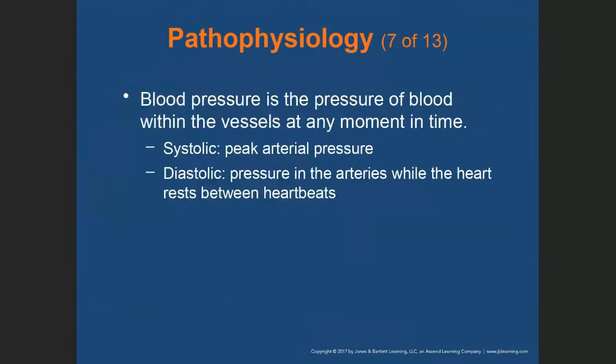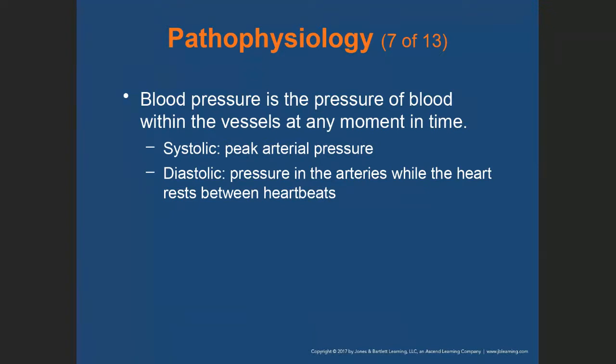Now, the blood pressure is the pressure of blood within the vessels at any moment in time. The systolic is the peak arterial pressure. Diastolic is the pressure in the arteries while the heart rests between heartbeats.